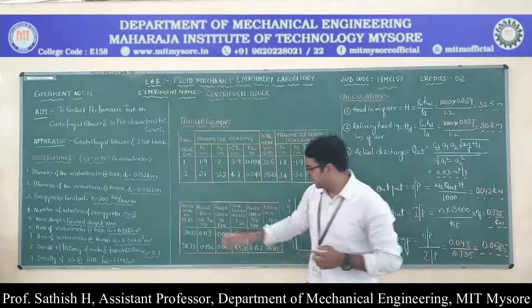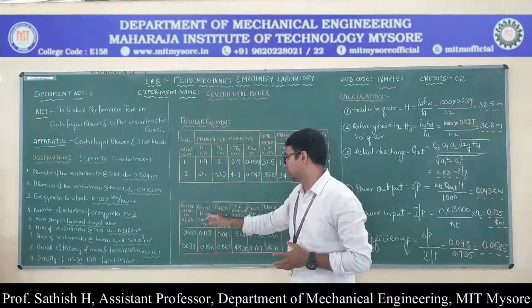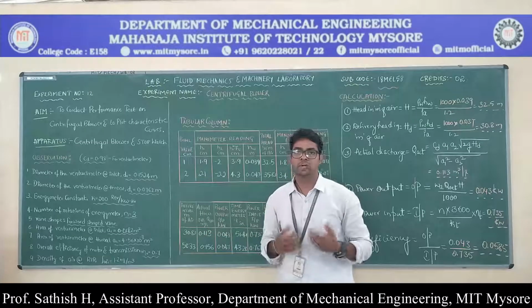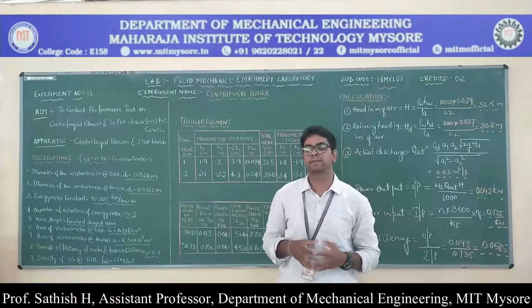Then the next column we have is the actual flow rate, that is Q actual. Normally the flow rate is expressed in meter cube per second.